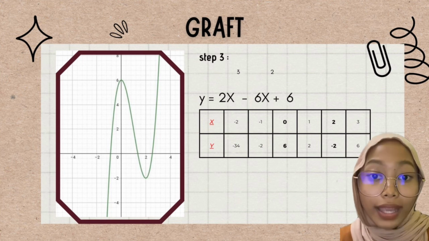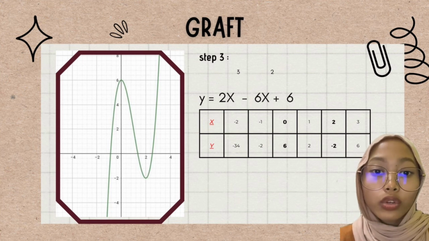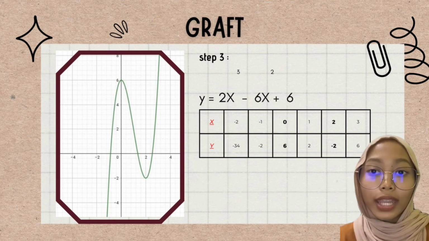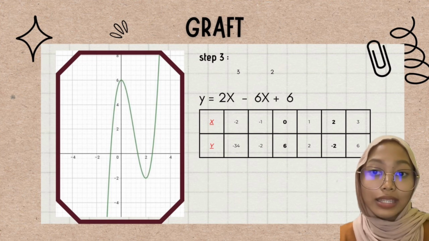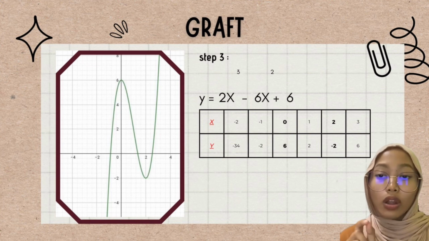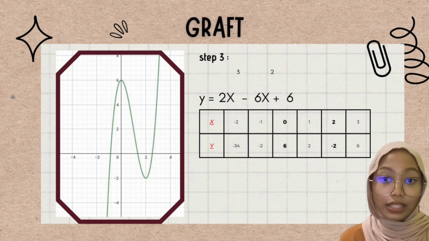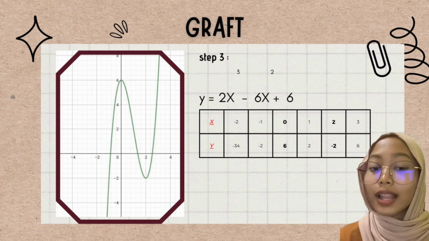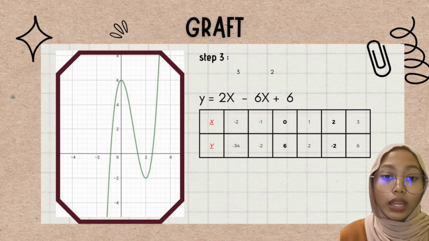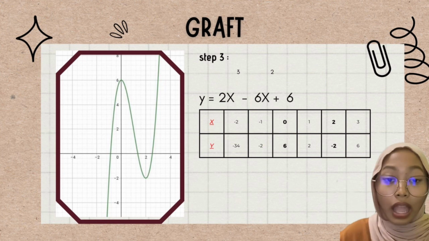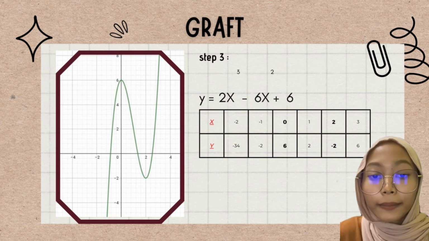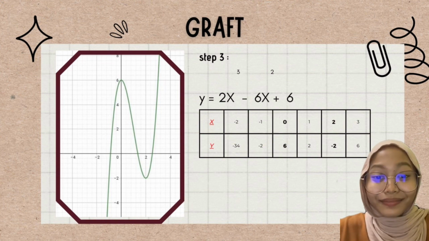To get y, we put the x value into the formula, for example x equals -2 into 2x power 3 minus 6x power 2 plus 6. Then we can plot the points on the graph to see how it looks, as in the presentation.